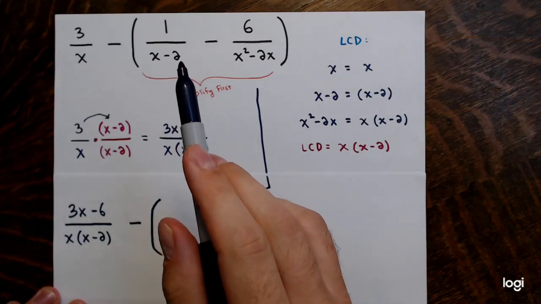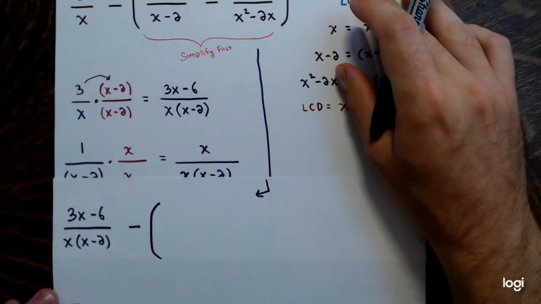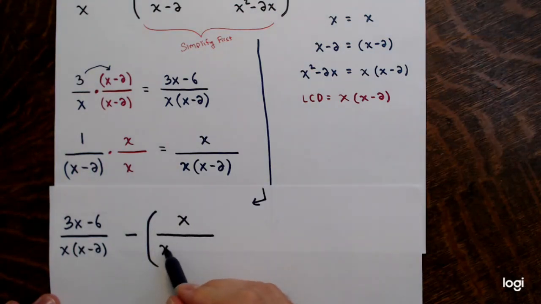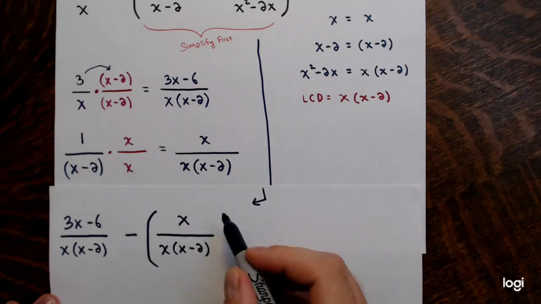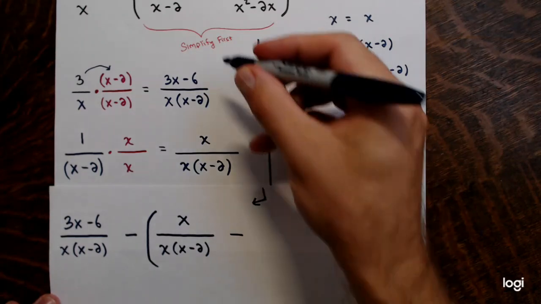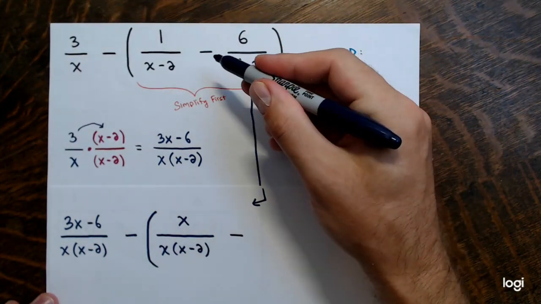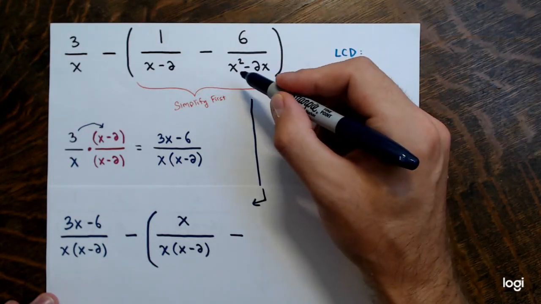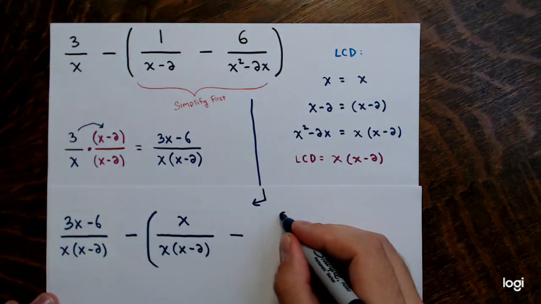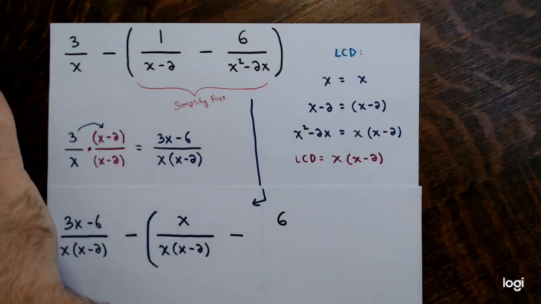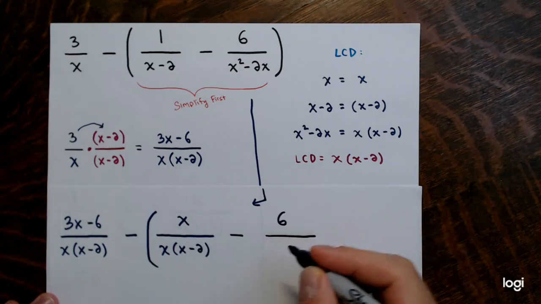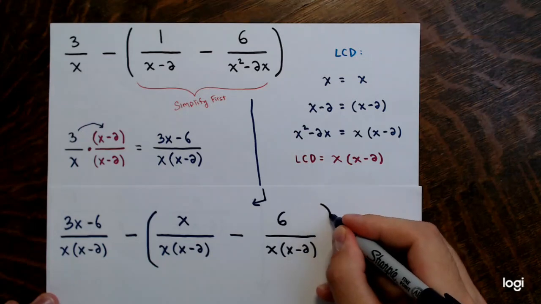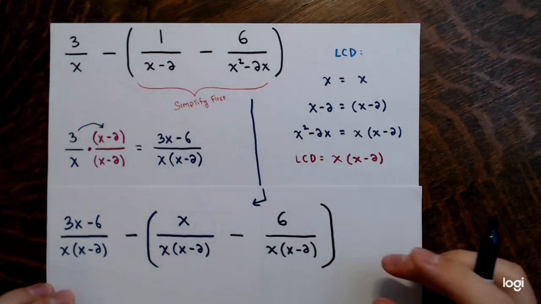This fraction, 1 over x minus 2, that became x over x times x minus 2. And then we have minus again inside the parentheses, right? And then this fraction is good, right? It already has the LCD as the denominator. I'm just going to write that in factored form though. So 6 over x times x minus 2. And then close the big set of parentheses there.